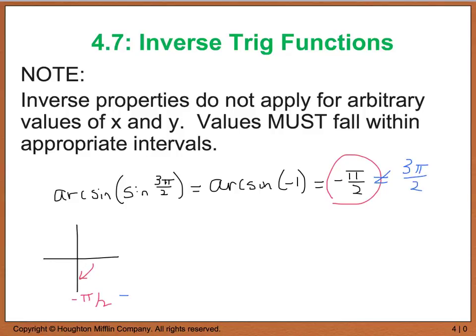So even though negative pi over 2 and 3 pi over 2 fall in the same spot on our unit circle, they are not the same or equivalent even when we're talking about inverse trig functions, because 3 pi over 2 does not fall within my given domain and range.